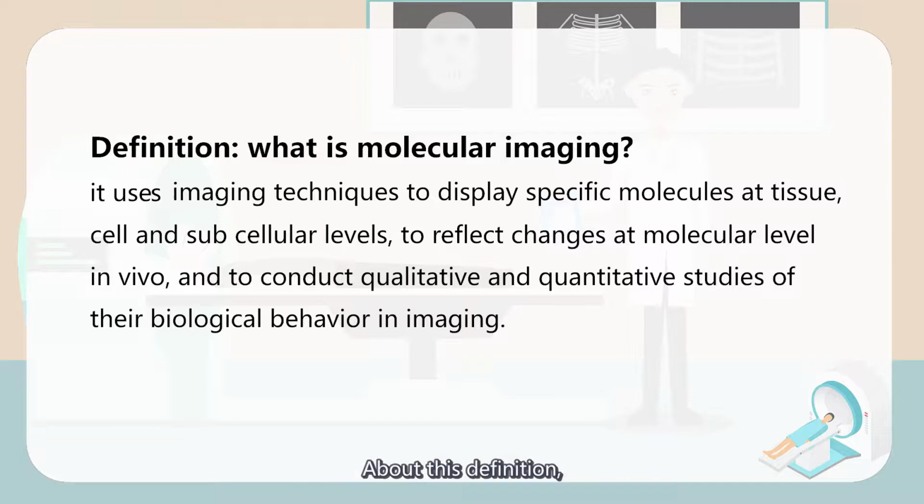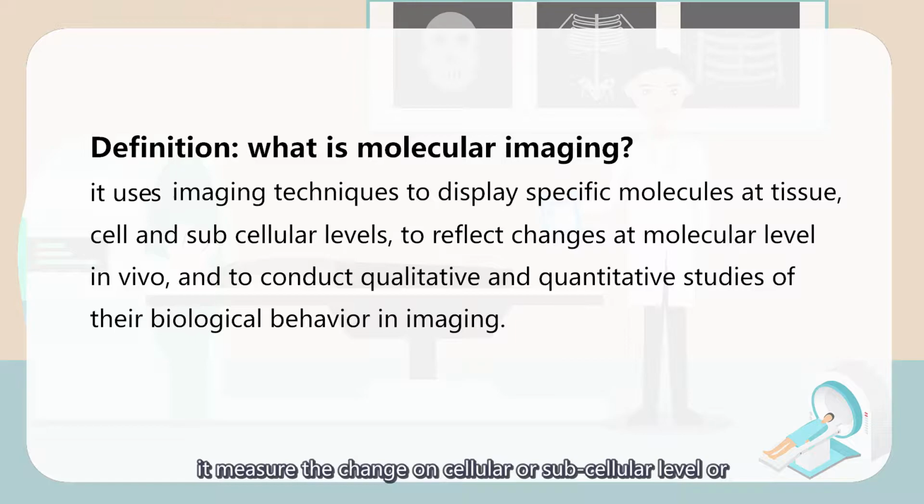About this definition, you should know 2 important things. First, you use the imaging technique outside the body, outside the living body. And the second thing you should know is that it measures the change on the cellular or subcellular level, or we can say it's on molecular level.